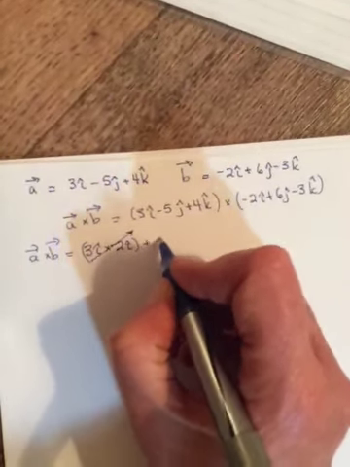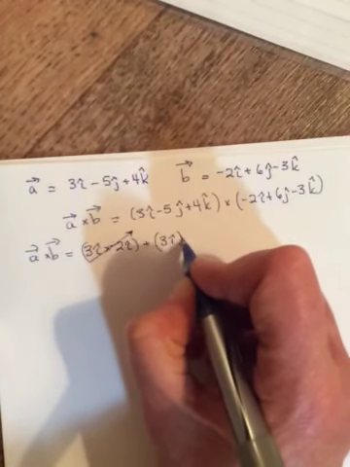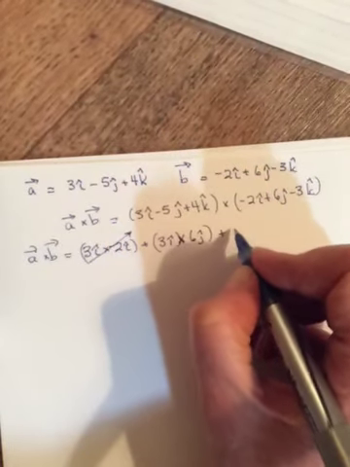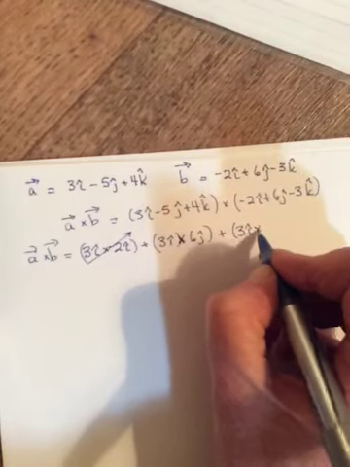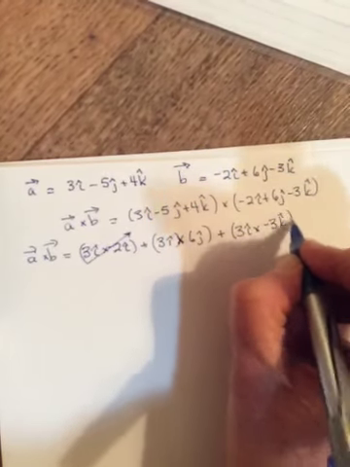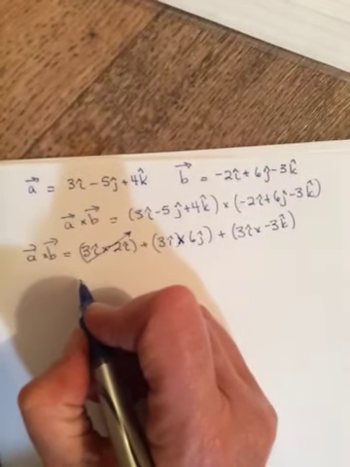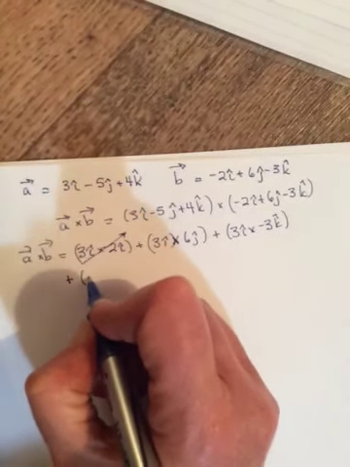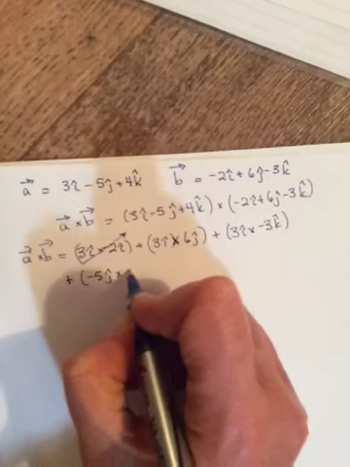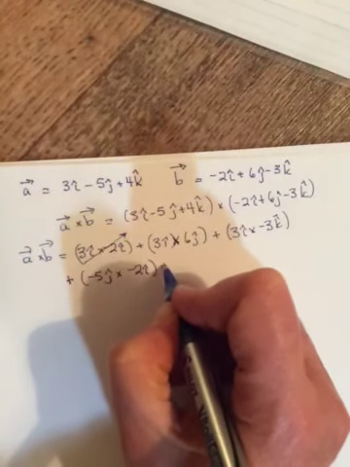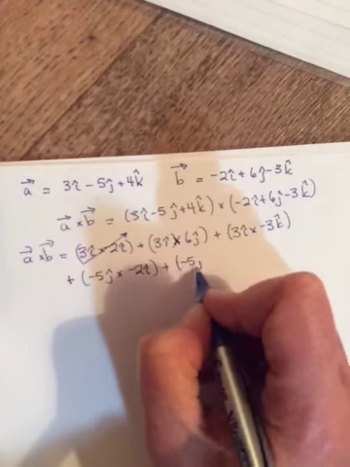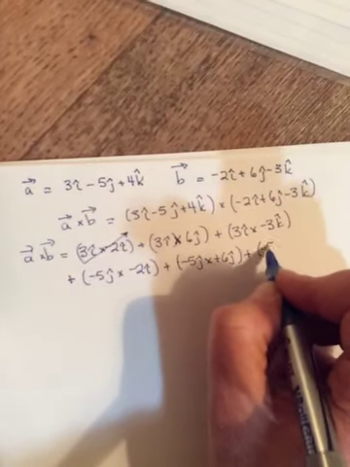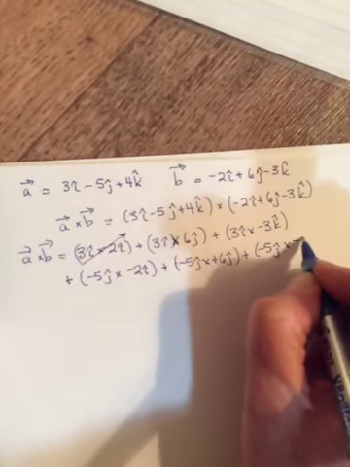So then the next one is 3i cross 6j. And then the next one, 3i cross negative 3k. Okay, so that's all the i's. Then the next one is negative 5j cross negative 2i, plus negative 5j cross 6j, plus negative 5j cross negative 3k.